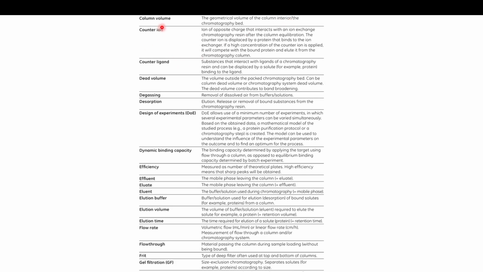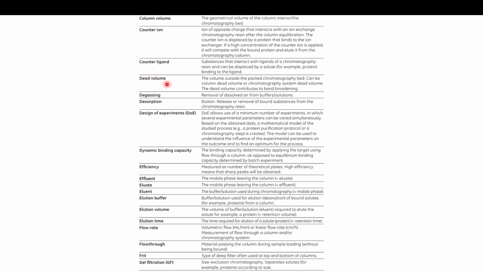Counter ion, ion of opposite charge that interacts with an ion exchange chromatography resin after the column equilibration, or counter ligand is the same thing in case it is ligand, the substances that interact with ligands of a chromatographic resin and can be displaced by a solute binding to the ligand.